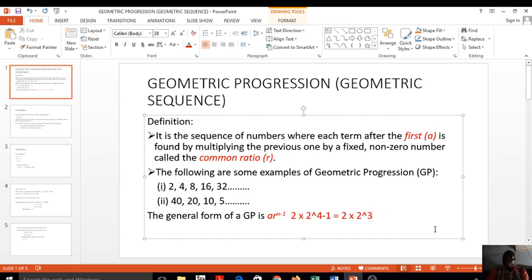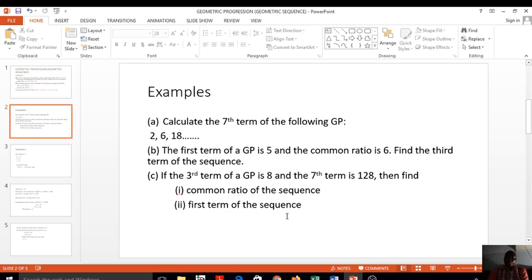And 2 to the power 3 is 2 times 2 times 2, which is 8. And 8 times 2 gives you 16. So this is the general form of any geometric progression. Alright, so let's proceed and look at some examples. Let's look at this example.